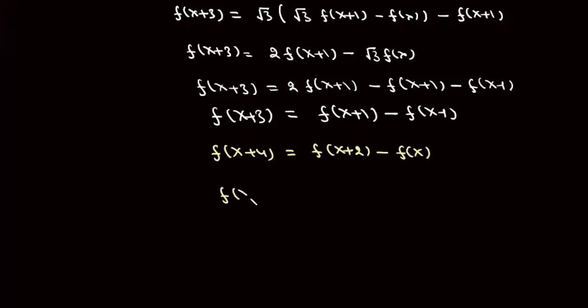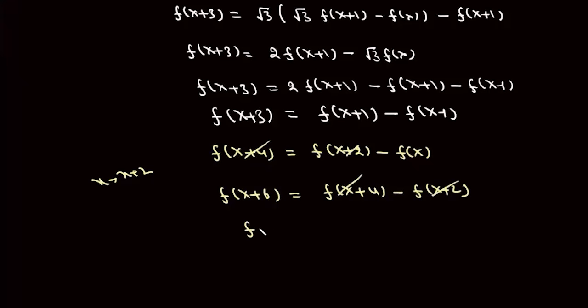So we can write f(x+6): here we'll replace x with x+2. It will be f(x+4) minus f(x+2). And if we add them, it'll cancel. This will also cancel. We'll get f(x+6) equals minus f(x).